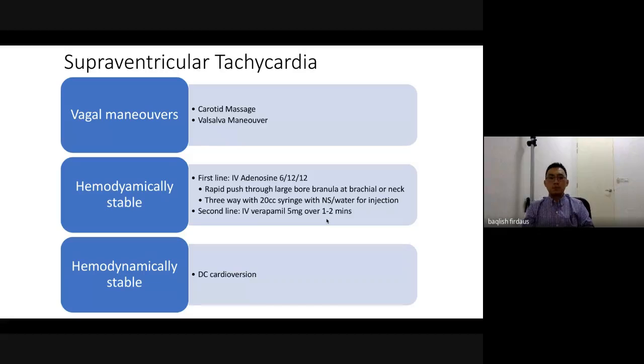If the patient is still not reverted after IV verapamil, you can give DC cardioversion. In my personal experience, I hardly need to give IV verapamil. I never so far needed to cardiovert a patient with SVT. Usually it can be reverted by IV adenosine, most of the time, 99.9%.